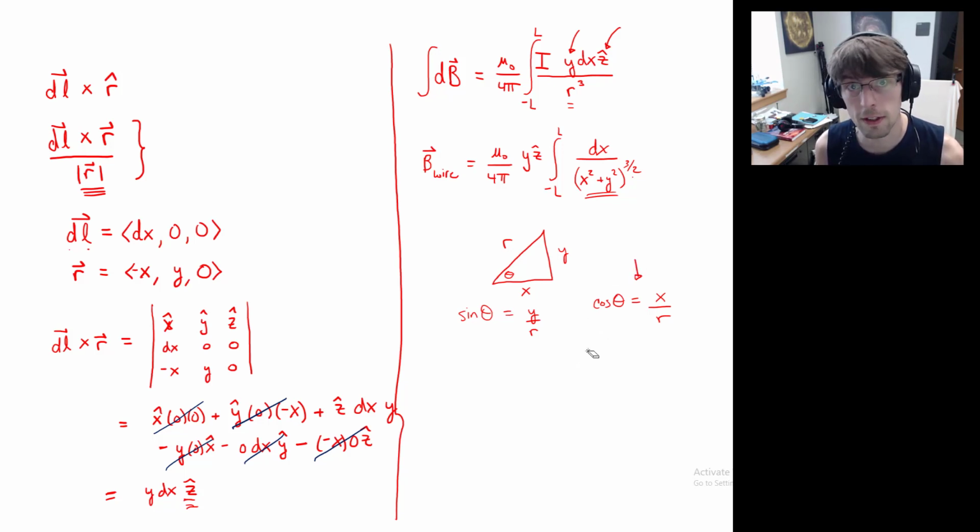If I take the derivative of both sides, I get negative sine of theta d theta equals, now I have to remember r depends on x and y, so I should replace it with x squared plus y squared to the 1/2. Let's take the derivative of this right-hand side.